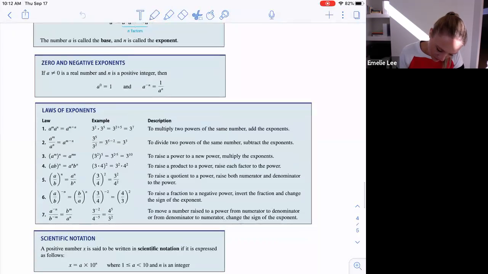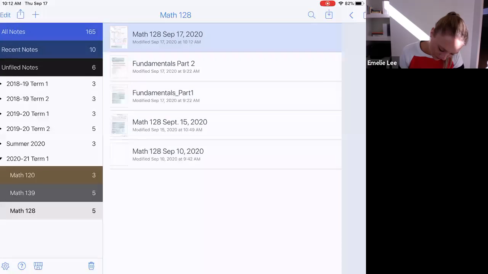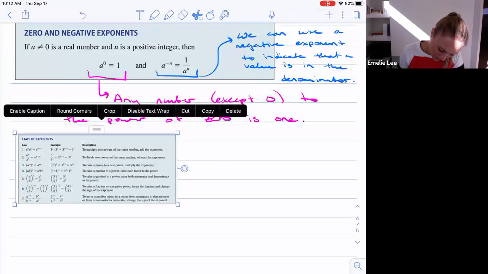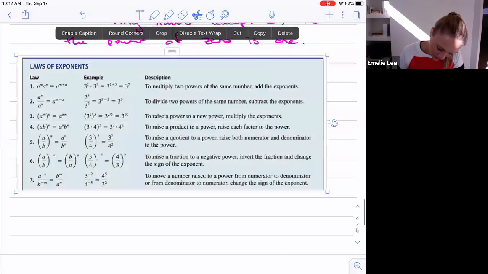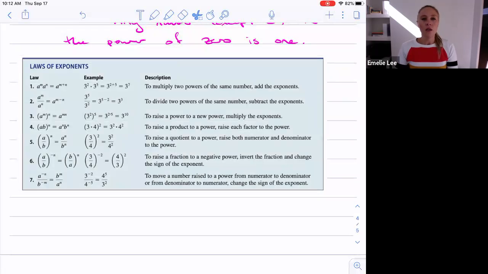Here are the laws of exponents. Should make it even bigger. There. I'll need you to be very well versed in the laws of exponents, and we will do a couple of examples here. And so we'll talk through them, and we'll see where it gets us.